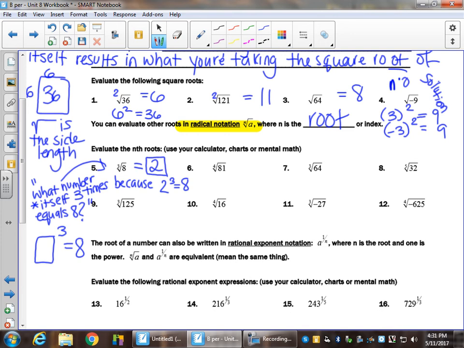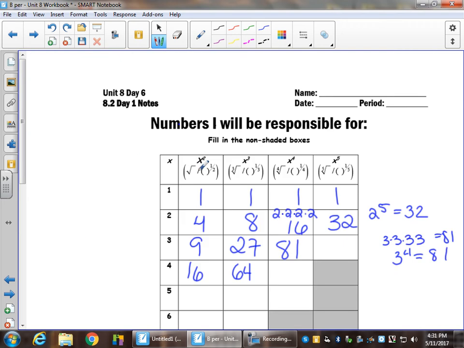Now, in the same way last year that you became more familiar with your perfect squares, we don't just have perfect squares. Looking at your chart again, these are going to be all your perfect squares. These are your perfect cubes, or third power, perfect fourths, perfect fifth power.